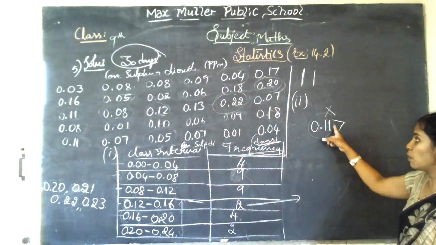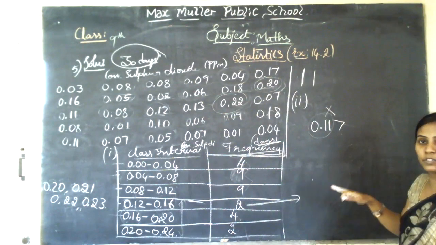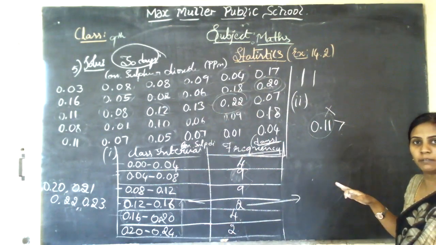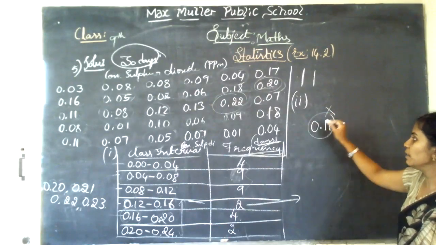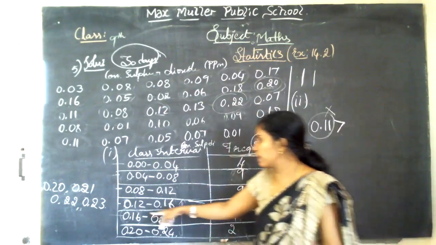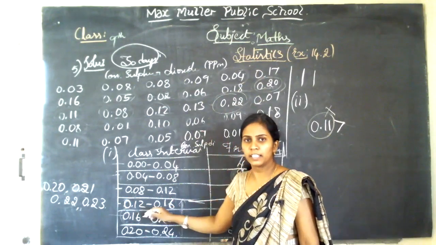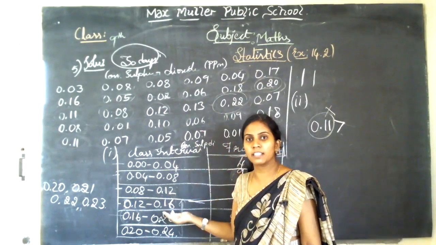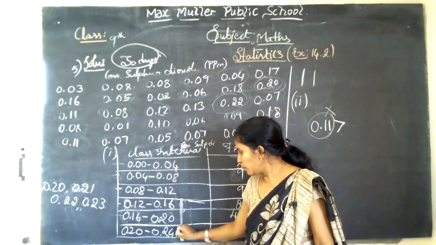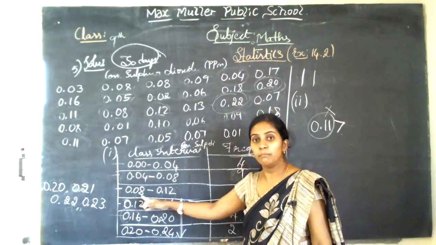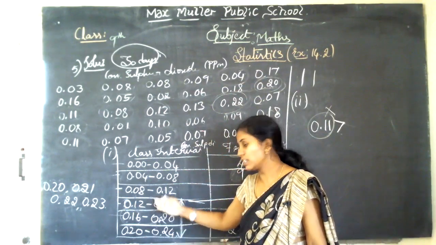Got it? They have not mentioned equal to 0.11, so more than means it should be greater than 0.11. It starts from the next digit, that is 0.12. So you have to consider this part, because you can take any numbers after this.